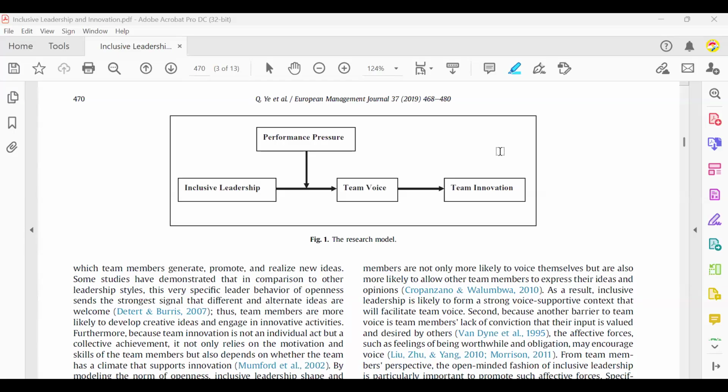In this paper, they have done a good job of visually representing all these variables by showing all these 5 variables, with team voice as the mediating variable between inclusive leadership and team innovation, and performance pressure as the moderating variable between inclusive leadership and team voice.